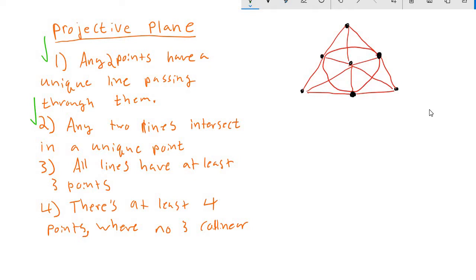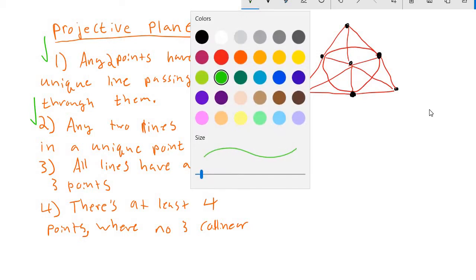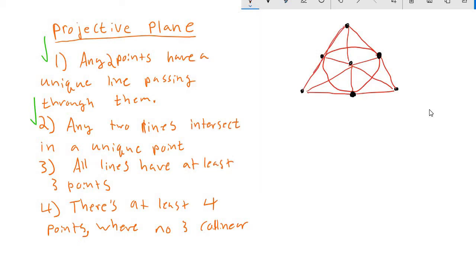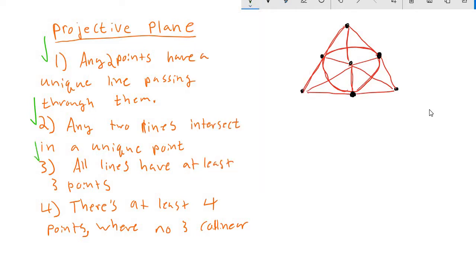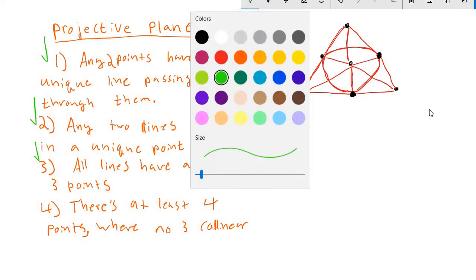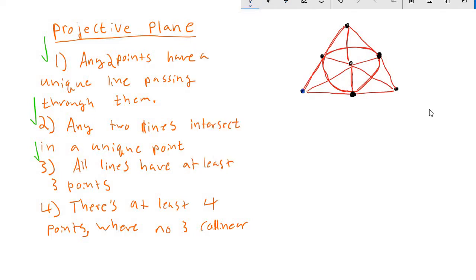All lines have at least 3 points, so if we look at these straight lines, certainly each of these straight lines have 3 points, and same with our circular line. So that axiom is satisfied. And the last one says there's at least 4 points where no 3 are collinear. So for instance, I could take this point, this point, this point, and this point.